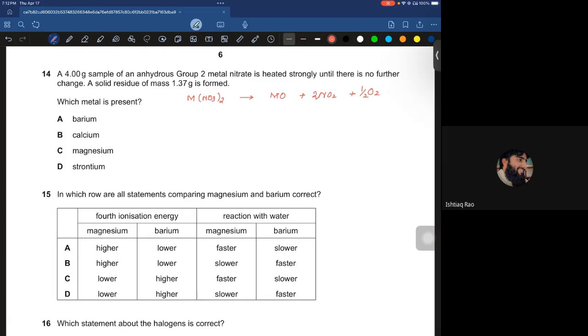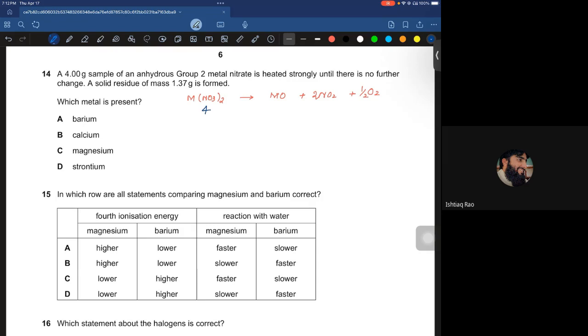I would be writing this. Let's suppose I'm supposing that this is your barium. Let's suppose this is 4 grams. They're saying group 2 metal nitrate is heated strongly until there is no further change.